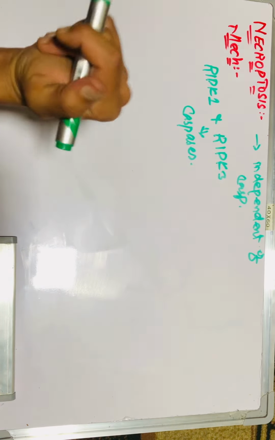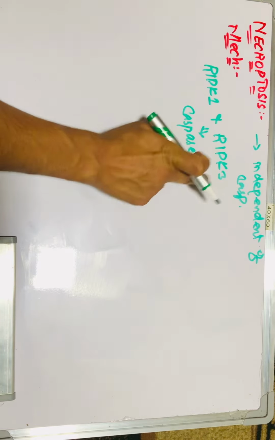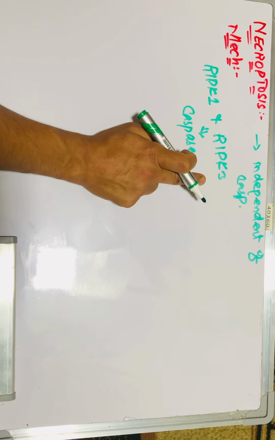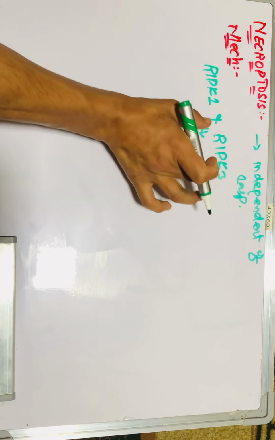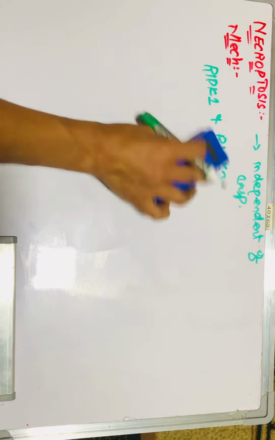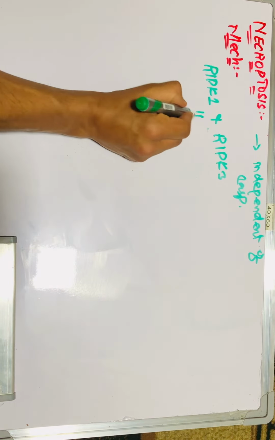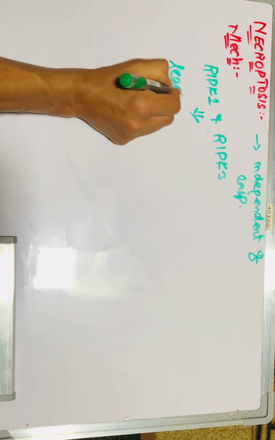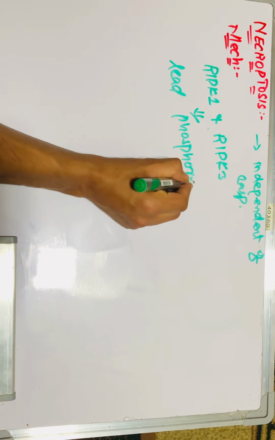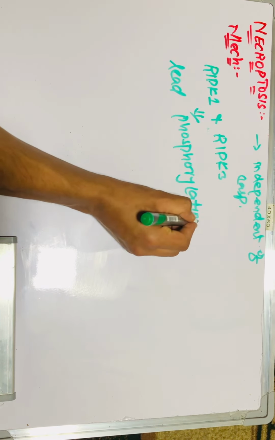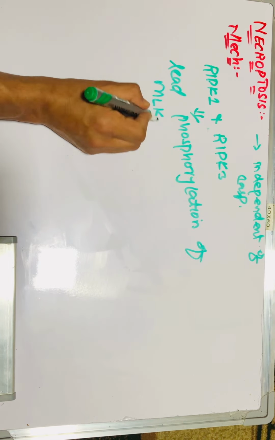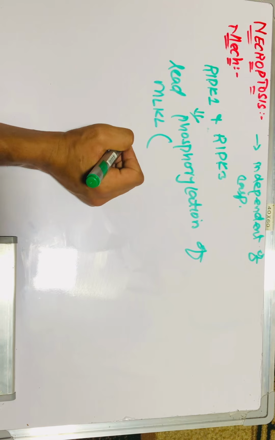So instead of caspases, RIPK1 and RIPK3 are involved in necroptosis. When RIPK1 and RIPK3 are phosphorylated, they lead to phosphorylation of MLKL. What is MLKL?